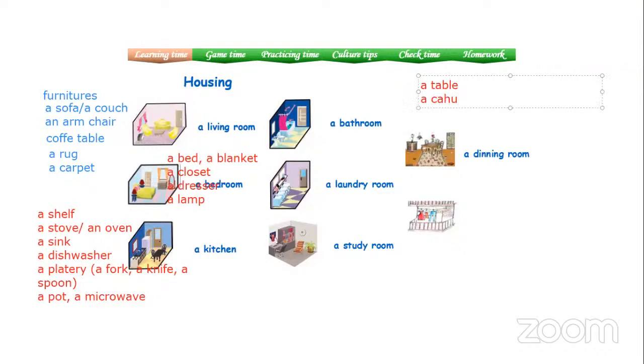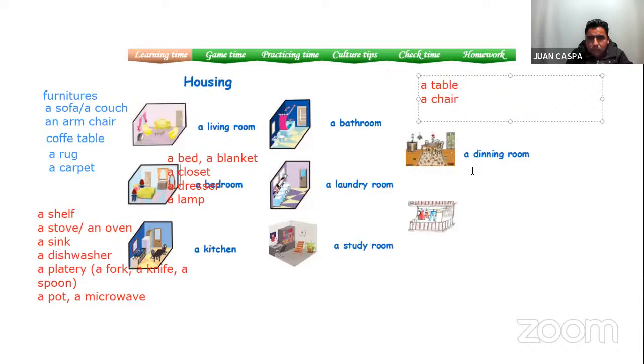A chair. Yeah, even there is a rug, I think. I don't know. But the most common ones, right? In a room. Maybe glasses, right? Or cups and glasses, right?